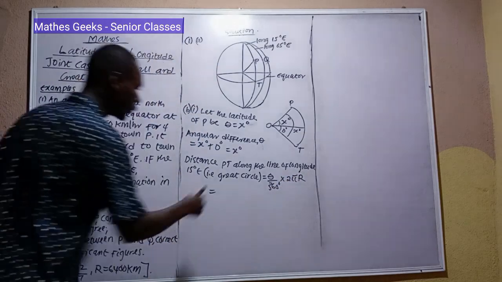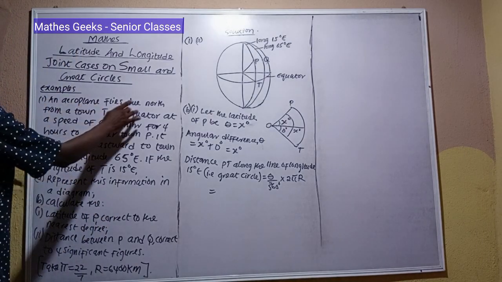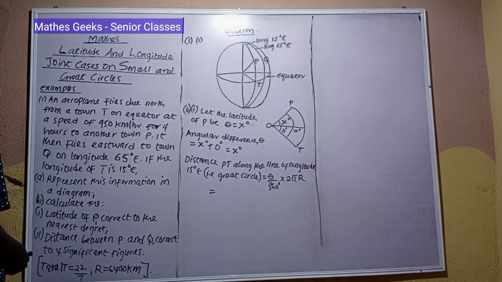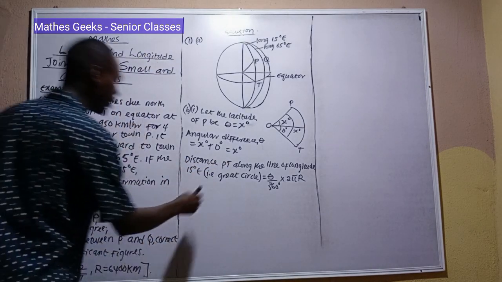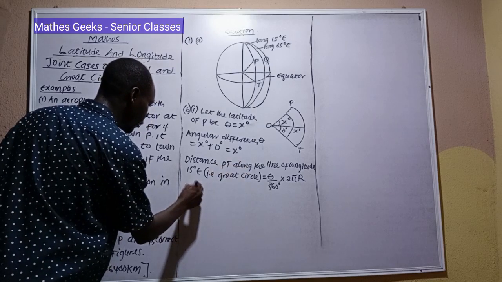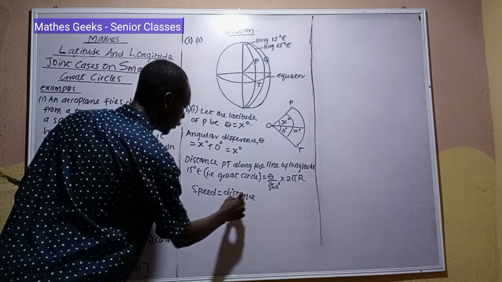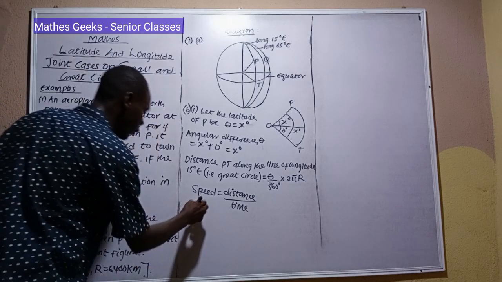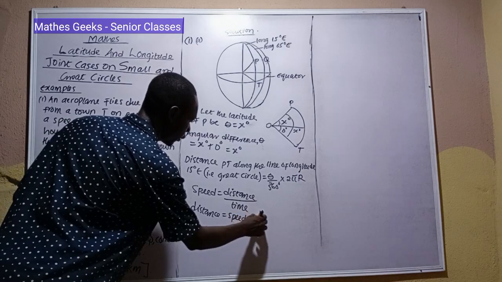The distance is given to us, since the aeroplane flies due north from T at a speed of 950 kilometers per hour for 4 hours to P. We don't know the distance but we are given the speed, and speed is equal to distance over time, so distance is equal to speed times time.